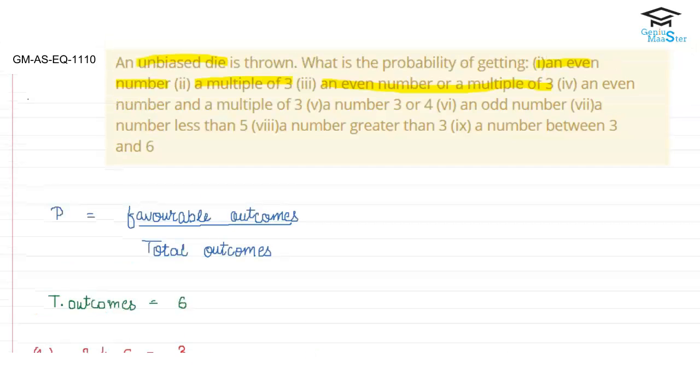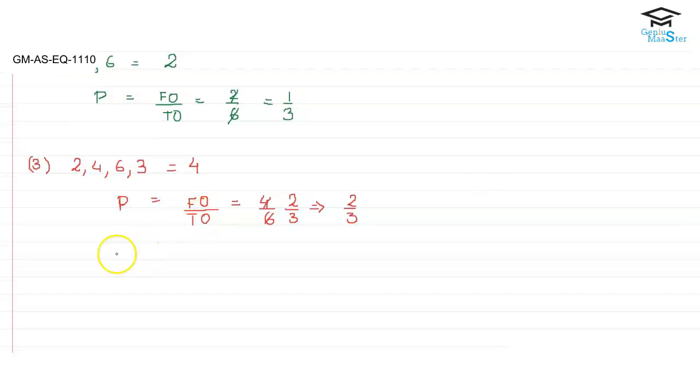Let's move to the next part. It says an even number and a multiple of 3. Here we can see that the difference is just that here we have or, and in this case we have and. Let's see what is the difference in this. When we have or, the condition for a favorable outcome is that it can be an even number or it can be a multiple of 3. But in the case of and, it has to be both.